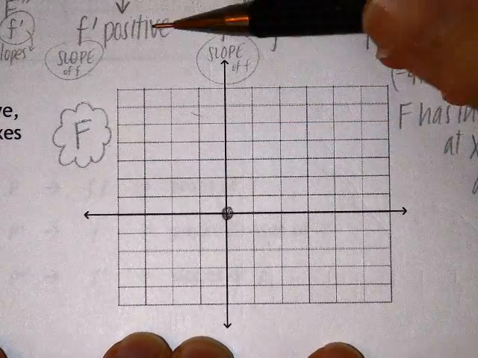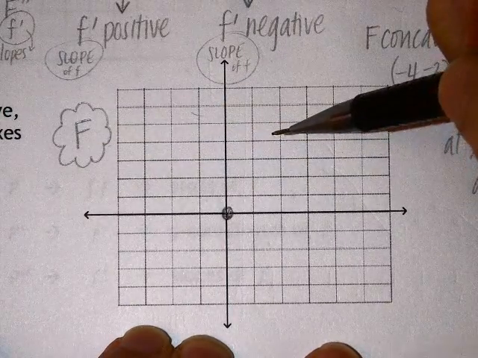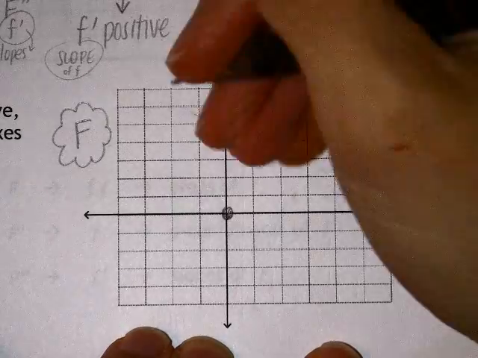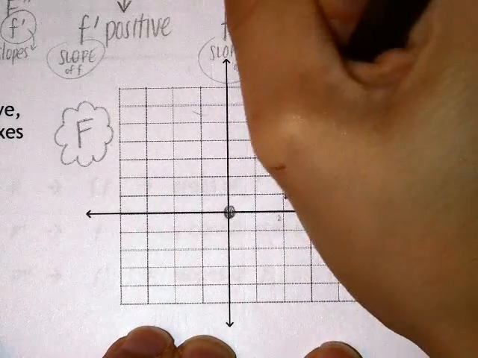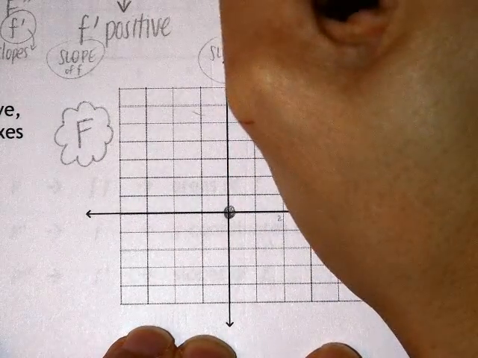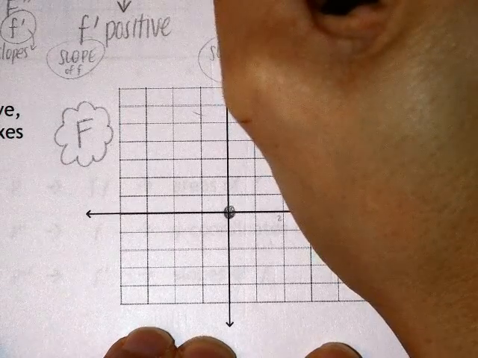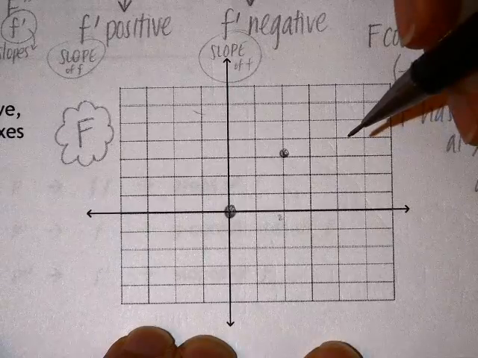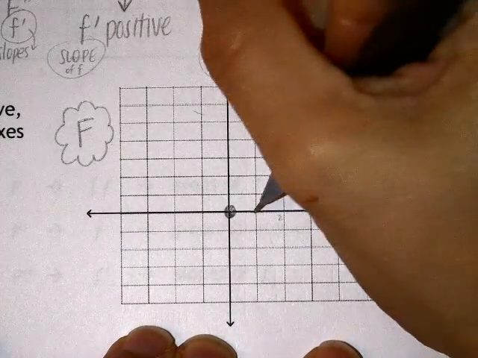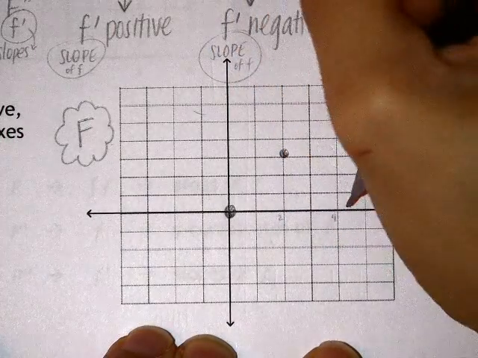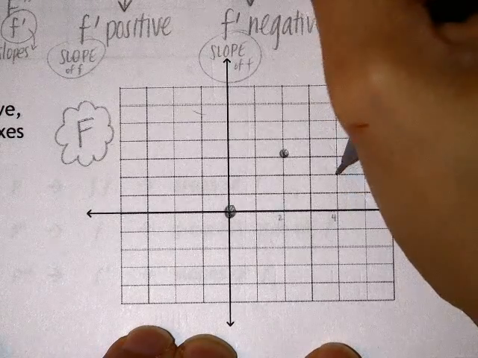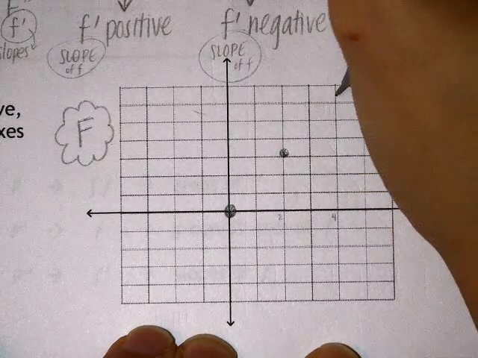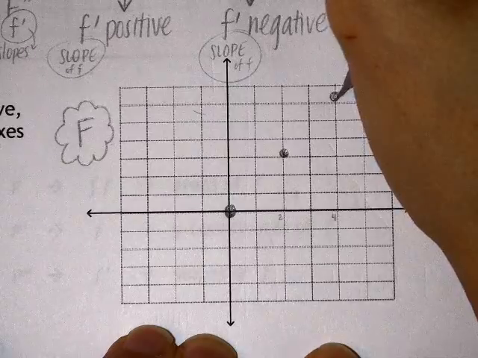Now in part 2 of letter A, I had big F of 2 is pi, so that's over 2, up 3.14, so that's just about here. I'll plot that point. I had in part 3, big F of 4 is 2 pi, so 1, 2, 3, 4. 2 pi is about 6.28, so 1, 2, 3, 4, 5, 6, and about a quarter of the way up is here.